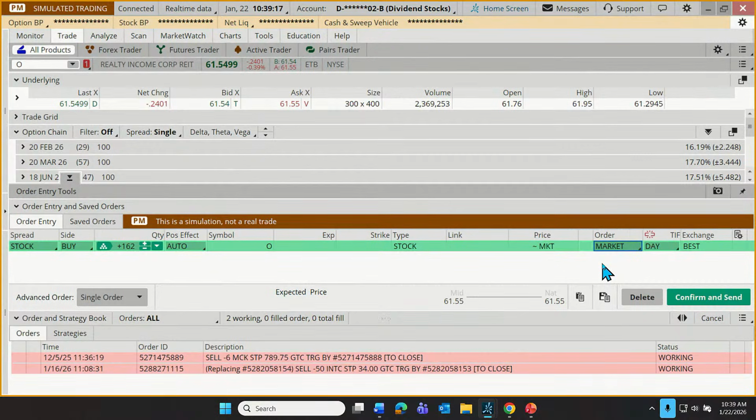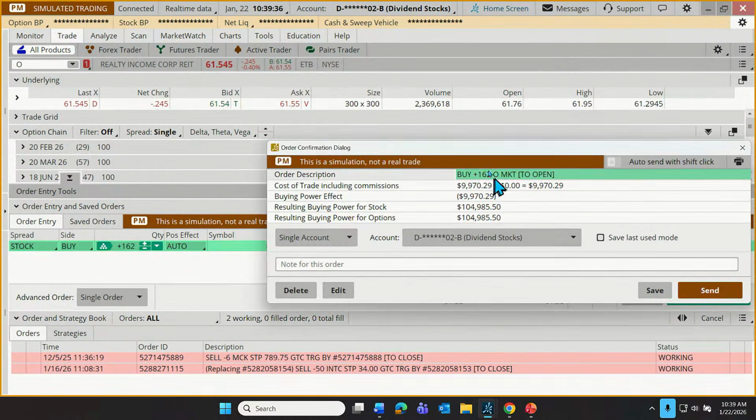But an investor, if the thing's qualified, if it's paying the dividend that we're hoping to collect, if it serves the portfolio diversification purposes the investor might be looking for, we're just going to buy it. So let's click confirm and send, buying 162 shares at the market price, whatever that turns out to be. We're not guaranteed that we'll fill at 61.55, likely to be in the same area, but we'll see.